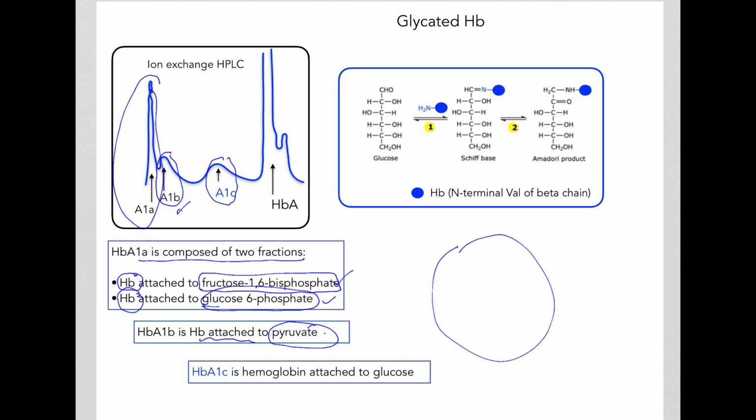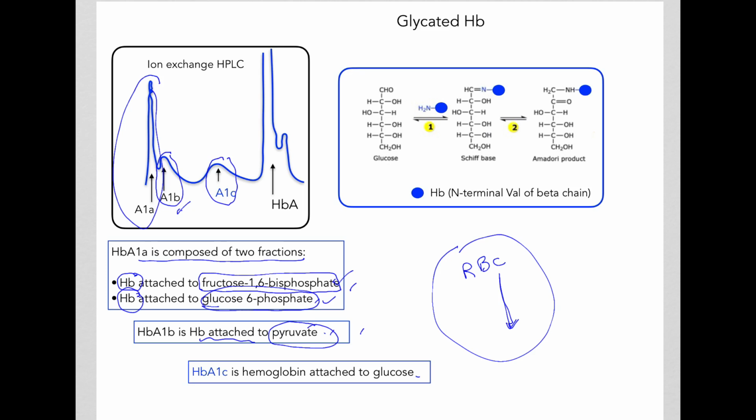A red blood cell has a lot of glycolysis because red blood cells get their energy through glycolysis. They don't have mitochondria, so they get all their energy from glycolysis, which means there are a lot of these intermediates present: fructose 1,6-bisphosphate, glucose 6-phosphate, pyruvate, and of course glucose.